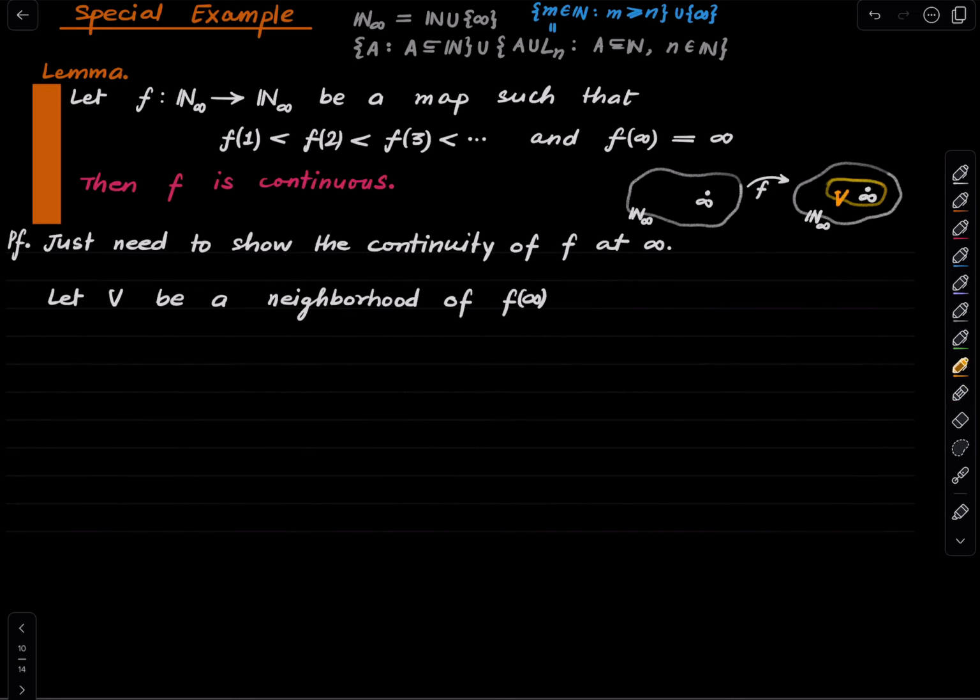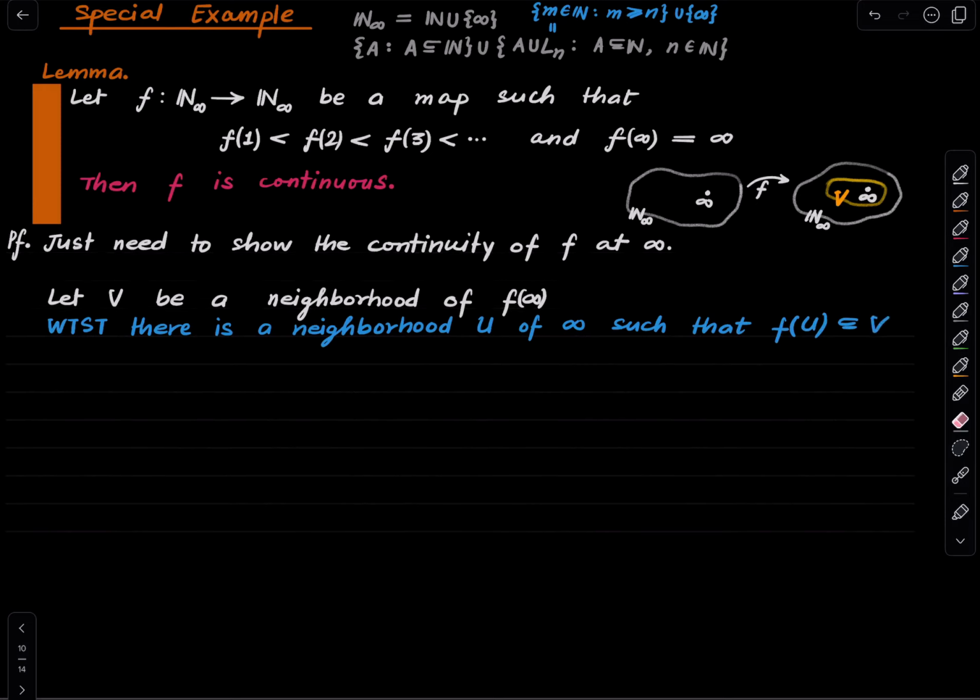Alright, so we have chosen a neighborhood of f of infinity, and we want to show that there is a neighborhood U of infinity such that f of U maps inside V. Right, so this much should be clear. This is what we need to do.